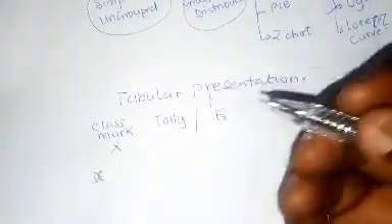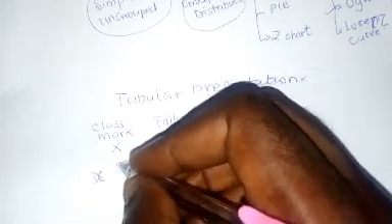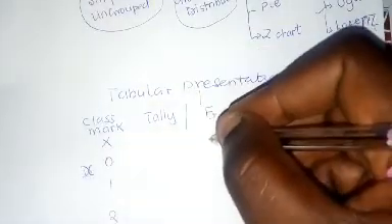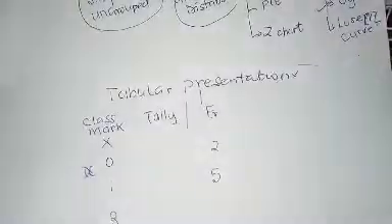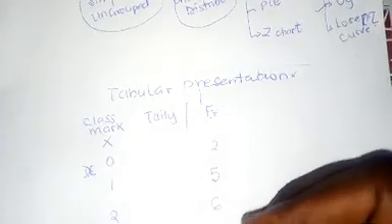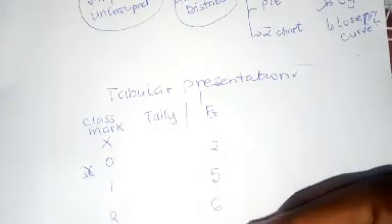So when you have, say, 0, 1, 2, and 3, for example, the frequency: 0 appears twice, 1 appears 5 times, this appears 6, and this appears 12 times.